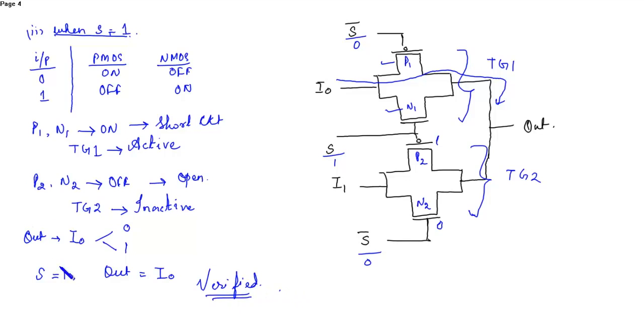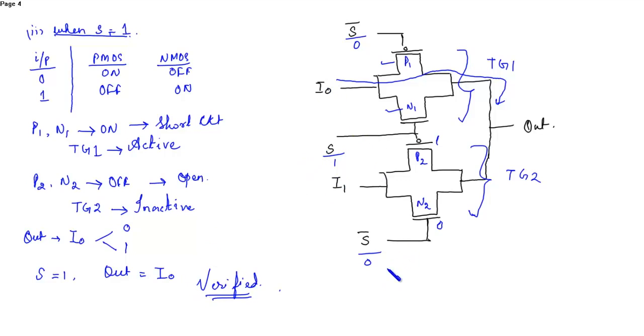If you want, when S is equal to 1, the output should be I1, and when S is equal to 0, out should be I0, we have to just swap I0 and I1 in the connections.